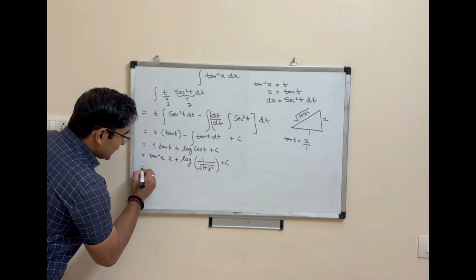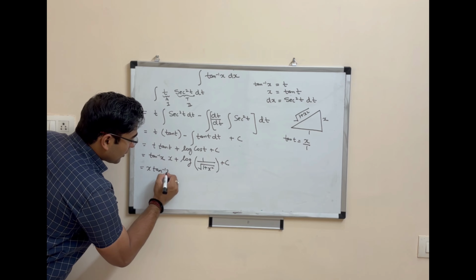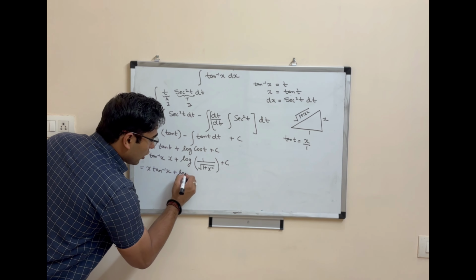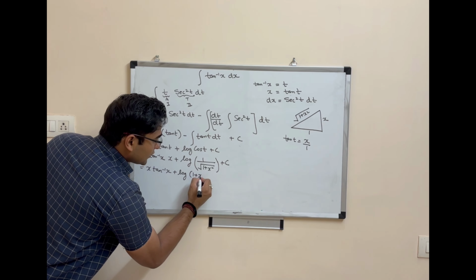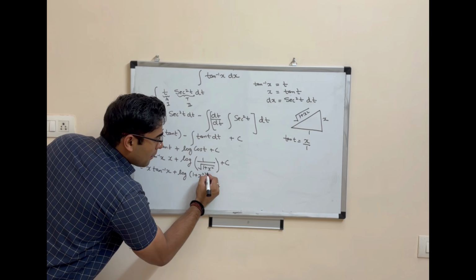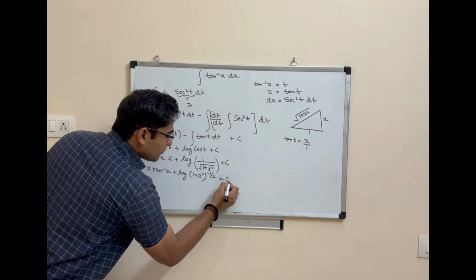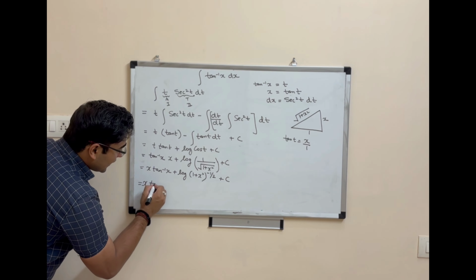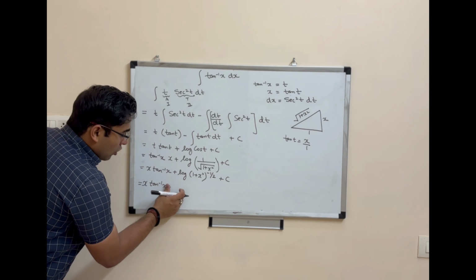So this will remain the same thing, x tan inverse x, but this can be modified further. I'll write plus log, I can write this as 1 plus x square raised to the power minus 1 by 2 plus c. So my final answer will come out to be x tan inverse x plus or minus.